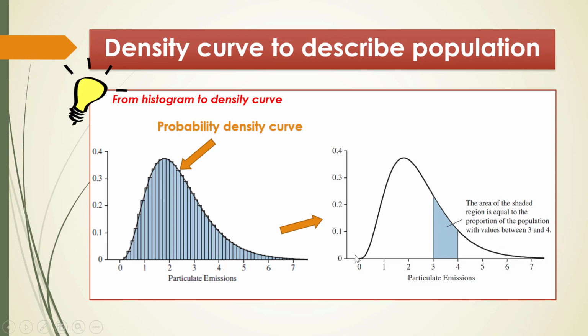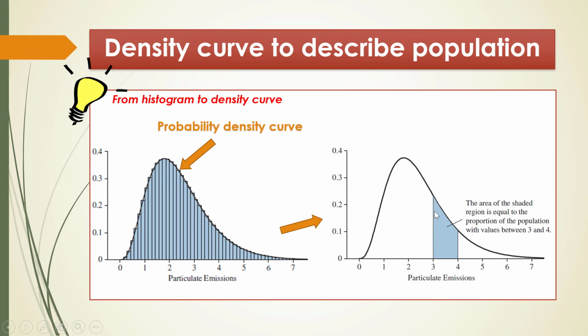The shape of this curve corresponds to the shape of the histogram. Usually we assume that the whole area under the density curve is 1.